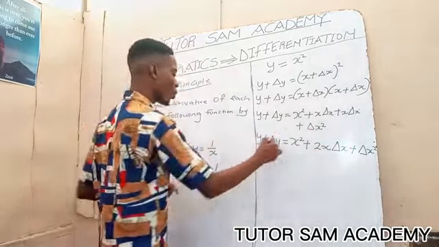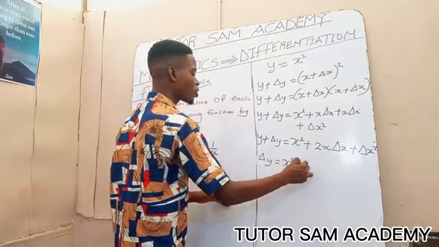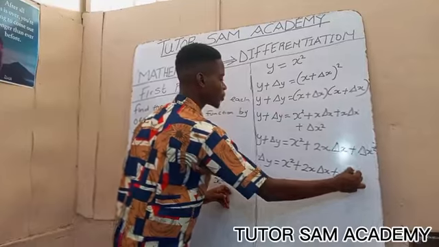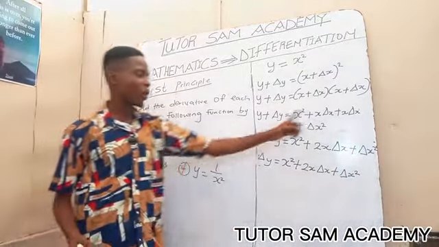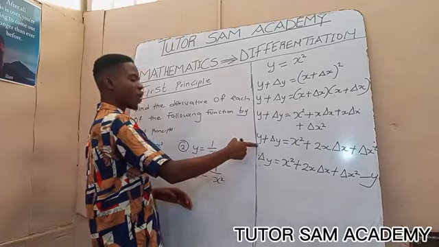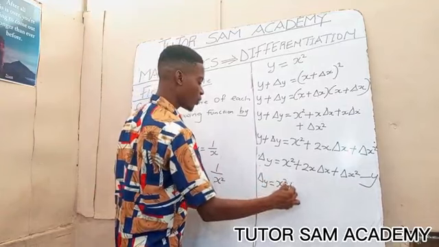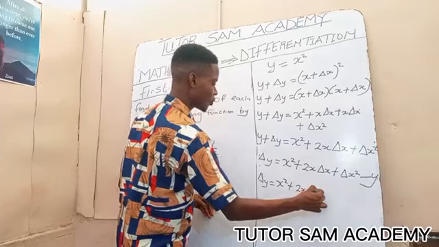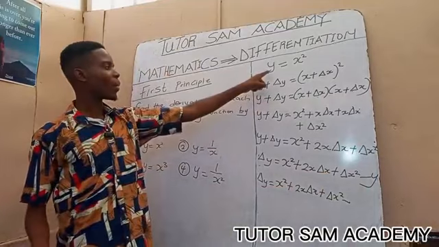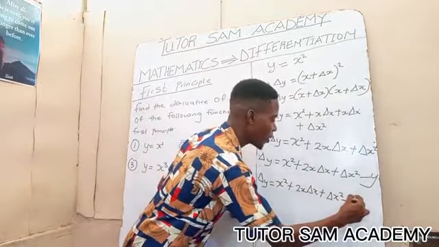I'll be left with change in y equal to x squared plus 2x change in x plus change in x squared, minus y, because here I have plus y. Don't forget, our y is the same thing as x squared. So anywhere I have y here, I will substitute x squared.